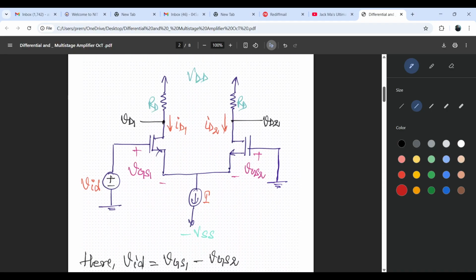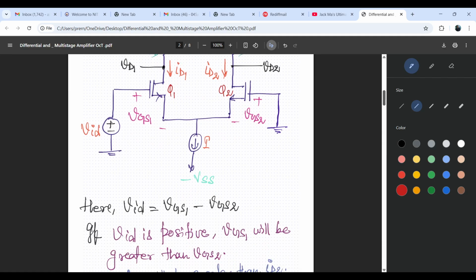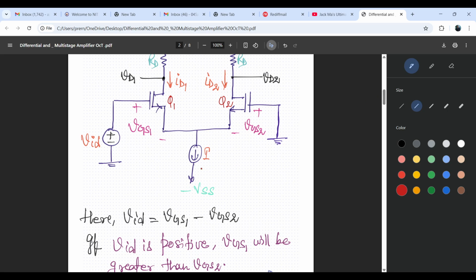Next, again the same circuit. This one is our Q1 transistor, Q2 transistor, and these voltages are the gate to source voltages VGS1 and VGS2. So the differential voltage VID can be written as VGS1 minus VGS2. This can also be obtained by applying Kirchhoff's voltage law in this loop.